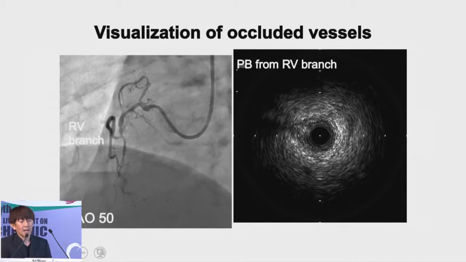First, IVUS can visualize an occluded vessel. In the left panel, it shows that the CTO entry is ambiguous. Oh, sorry.